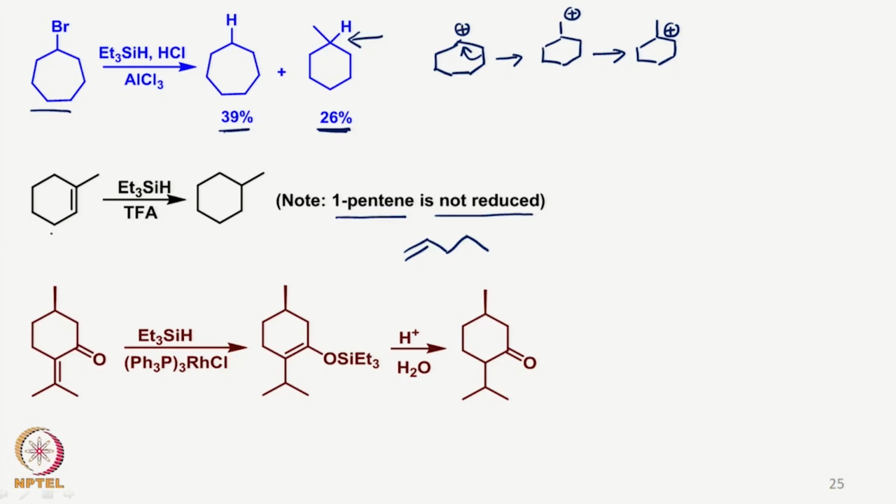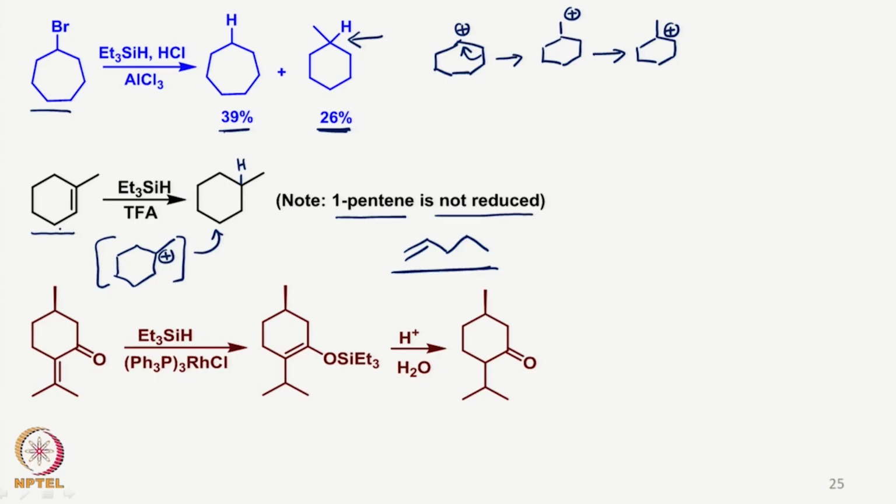On the other hand, if we take 1-methylcyclohexene, it can easily form the corresponding tertiary cation, something like this, where the positive charge is here, and the reduction can lead to the formation of such a molecule. So there is a contrast between the two of them. This cannot form a stable cation, whereas this can form a stable cation, and therefore the reaction takes place.